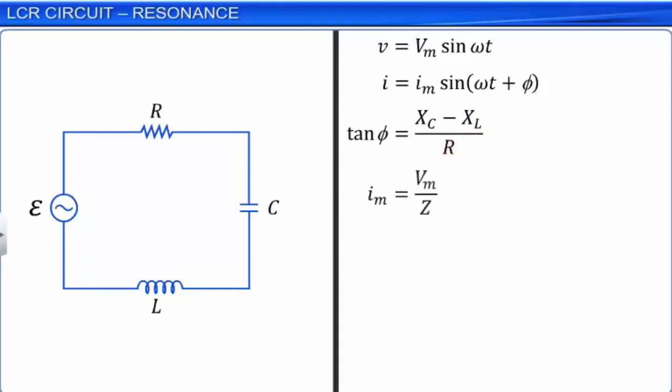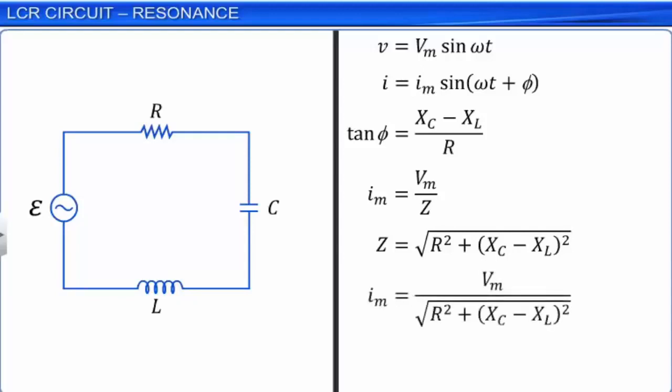In terms of capacitive reactance Xc and inductive reactance XL, we have Z is equal to square root of R square plus (Xc minus XL) square. Substituting the value of Z, we get Im as Vm by square root of R square plus (Xc minus XL) square. Let this be equation 1.